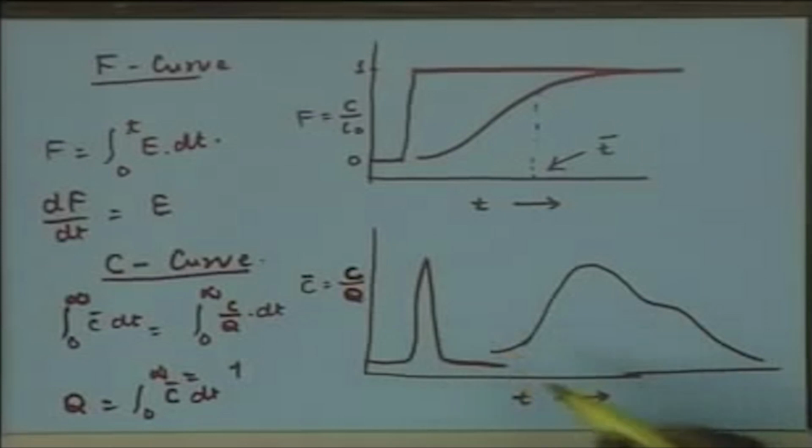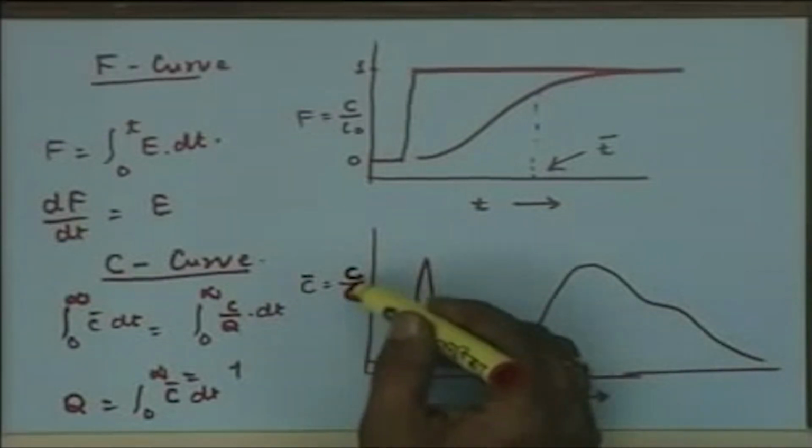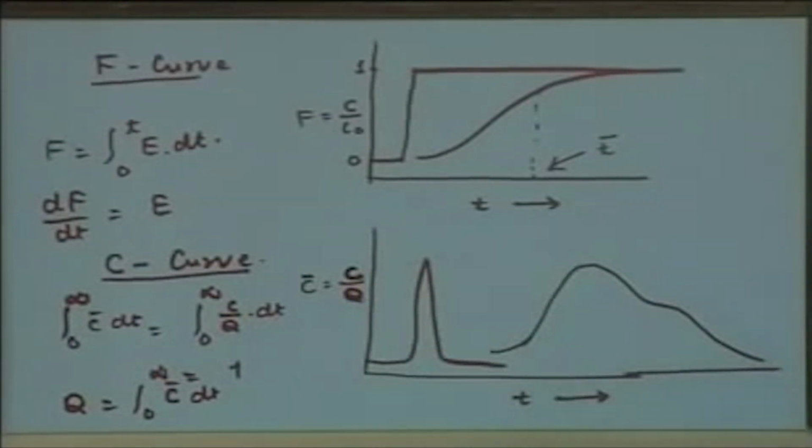C by Q versus t gives you a C curve, which essentially shows the performance of a plug flow reactor as a response to a pulse input.